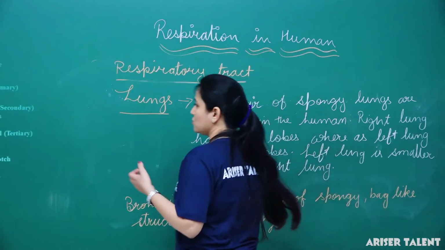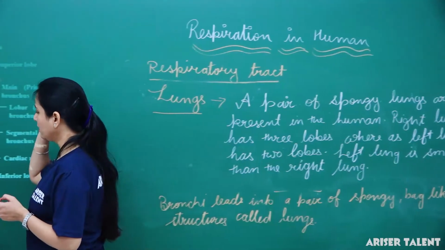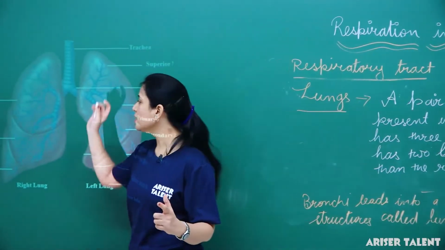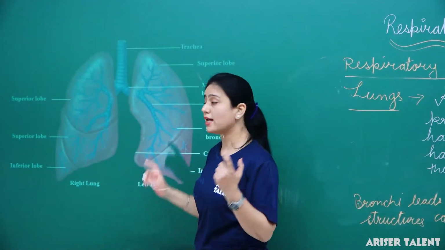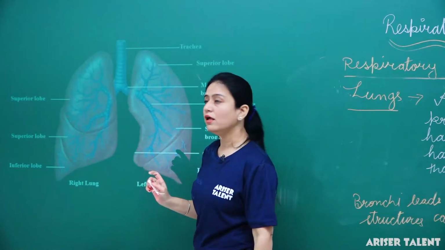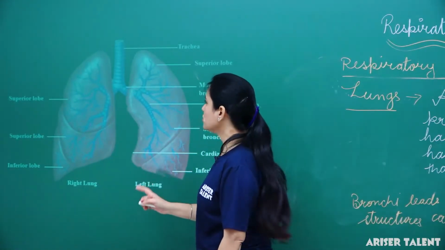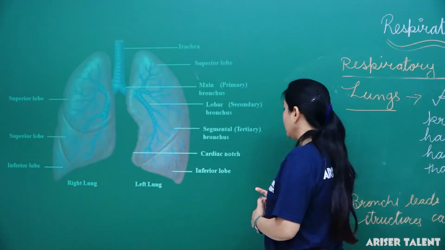Clear? So now it is clear to you that the left lung has only two lobes, the right lung has three lobes, and the left lung is smaller than the right lung. So this is all about the respiratory tract.